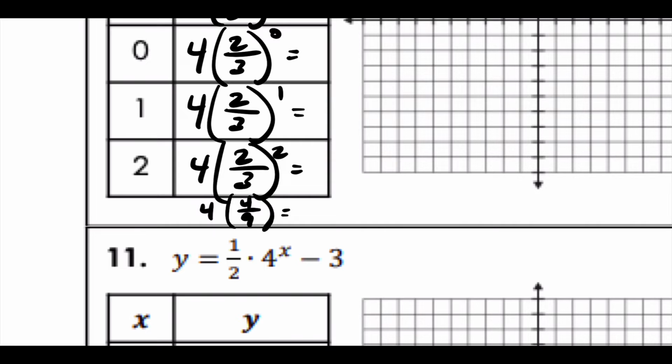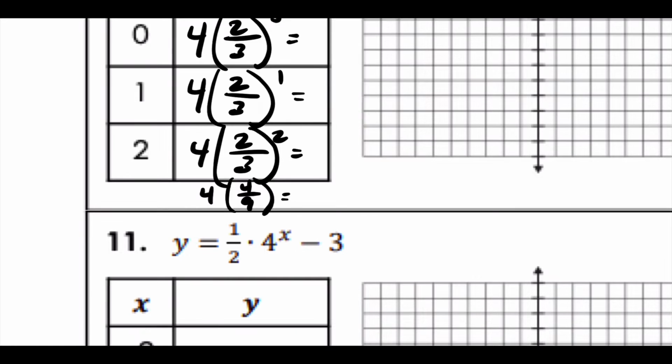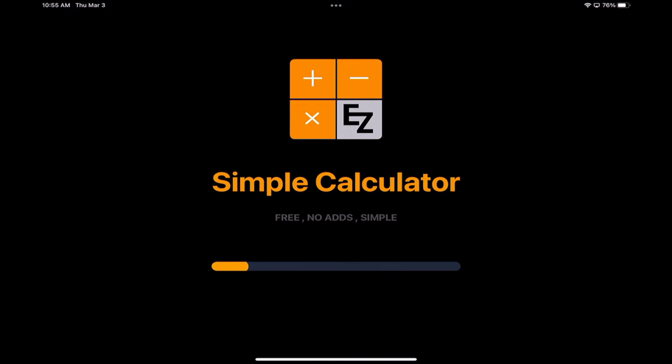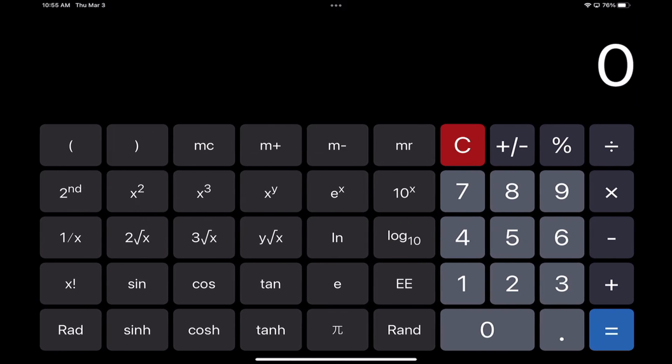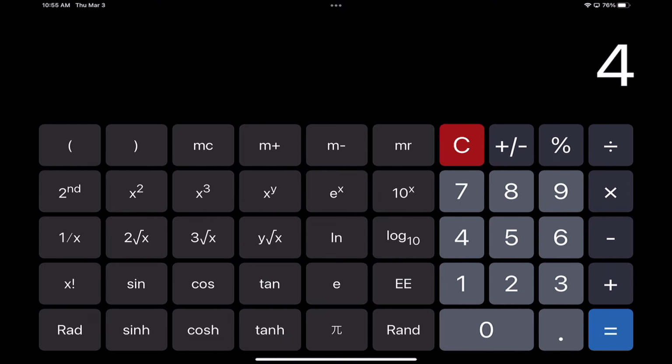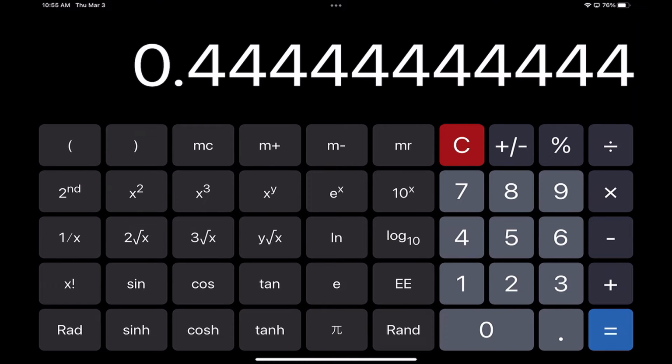Now we bust out the calculators. 4/9. My calculator doesn't do fractions. Most calculators don't. So let's change 4/9 to a decimal. Okay, so 4/9 is 0.444, repeating forever and ever.